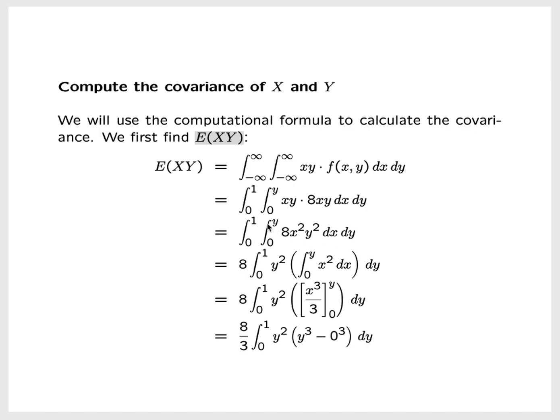We can bring out the constant. We can look at that inner integral and see that it does depend on y. Its upper limit of integration is equal to y, and so we have to integrate it in place. We use the fundamental theorem of calculus to do that, and that integral evaluates to y cubed.